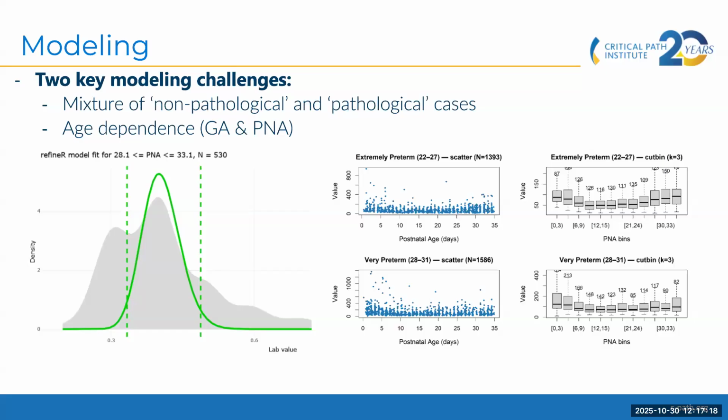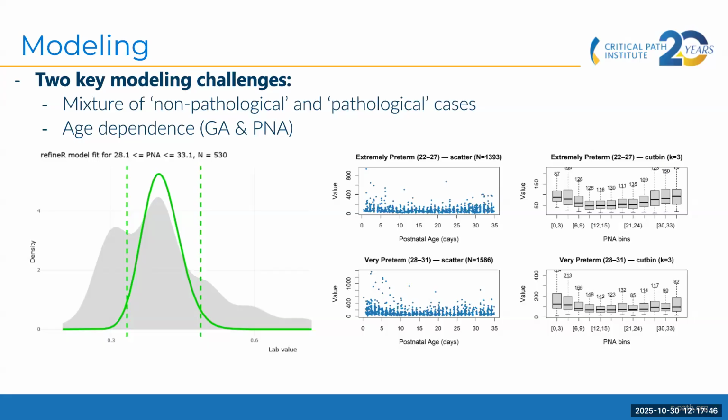And this is what the model does: it tries to find the central peak, and then it fits it. It's not a normal distribution. This looks normal, but it allows for skew and kurtosis using what's called a Box-Cox transform. So it's a pretty broad statistical model, but it just fits to the central peak. And that's to account for this idea that it's a mixture distribution of pathological and non-pathological.